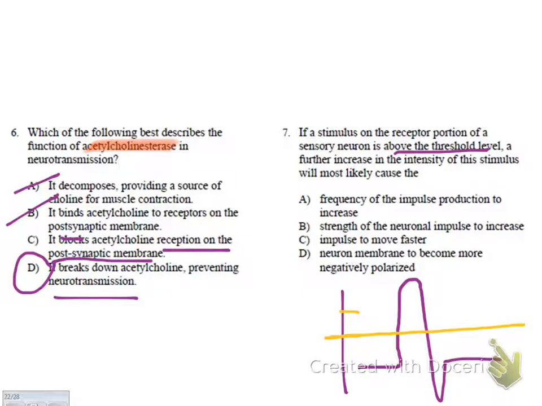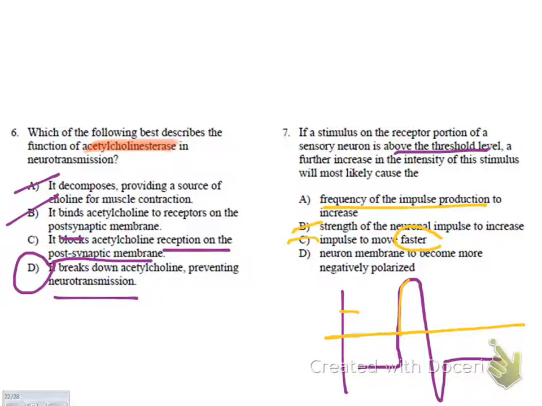A says frequency of the impulse production to increase. B says the strength. Well, I don't really know what strength means, so it's not strength. The impulse is going to move faster. Well, is it going to move from there to there any faster? No. That's what you're supposed to get tricked on.